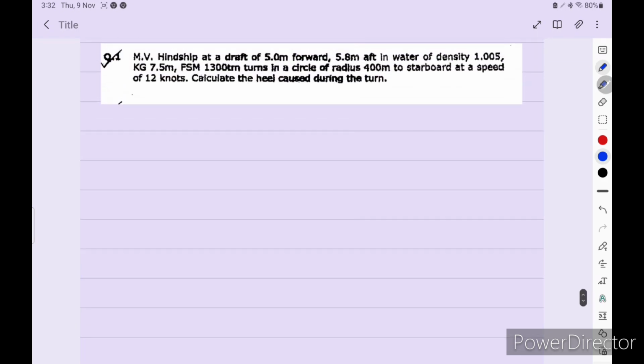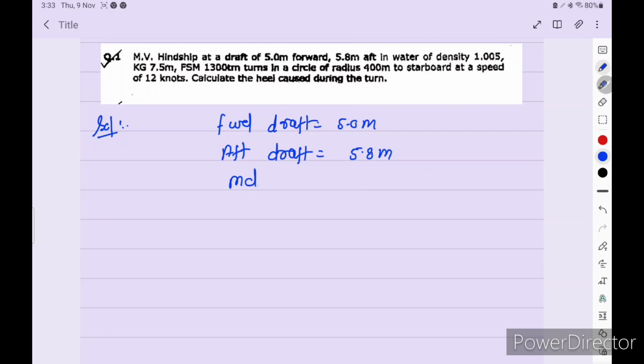Okay, so let's solve the same way. Forward draft 5.0 meter, aft draft 5.8 meter, main draft, so add and divide by 2, 5.4 meter, trim is 0.8 meter by stern.